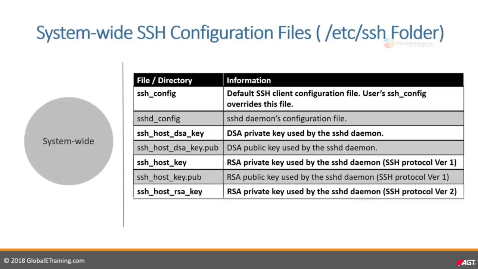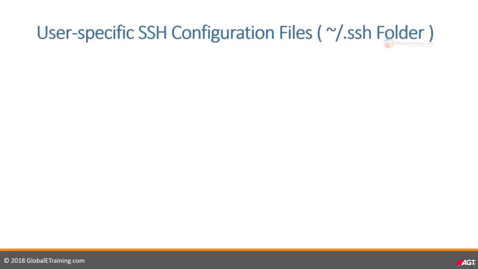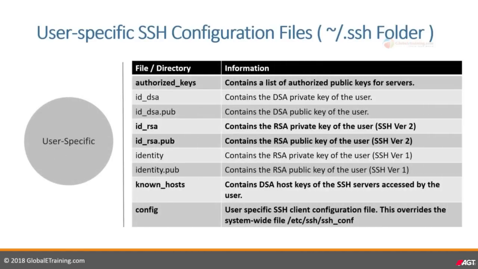The next set of files are the RSA private key and the RSA public key as well, but these files are used by the SSH protocol version 2. Next, let us take a look at the user-specific SSH configuration files. By the way, these files are located in the .ssh folder, which is in the user's home directory.